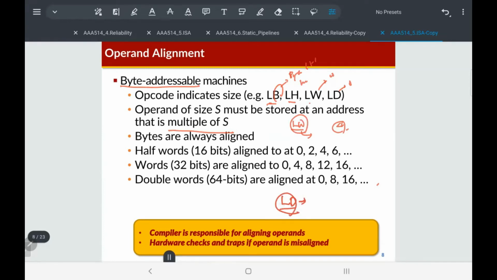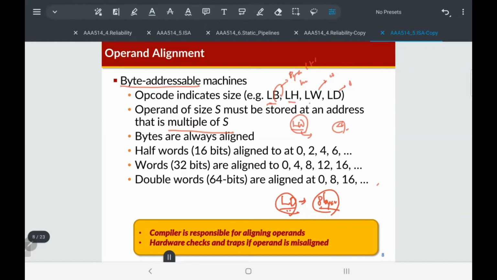The load double word handles 8 bytes of data, but in RISC-V, the address handled by this instruction does not need to be aligned to a multiple of 8. That is a feature of RISC-V instructions. But usually, if we handle some specific size of data like a word, double word, or half word, then the address accessed by these instructions should be aligned, meaning a multiple of the size of data. Okay.